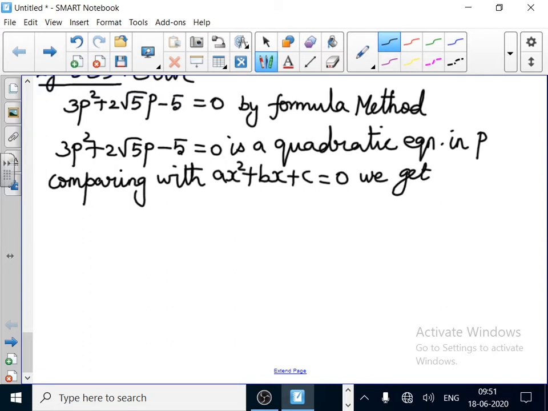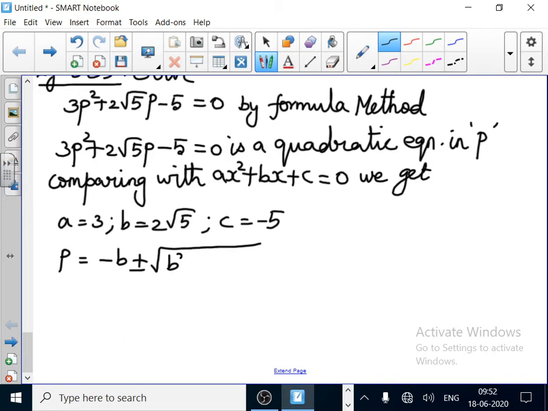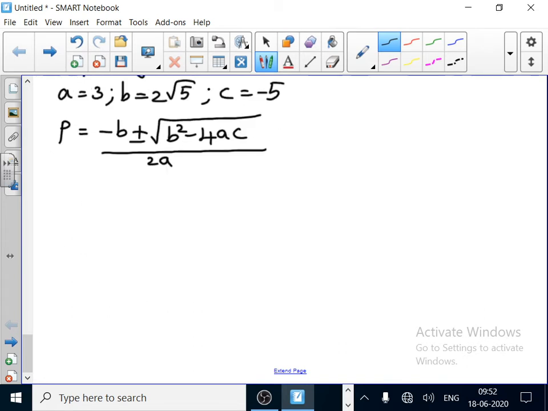a equal to 3, b equal to 2 root 5, constant term c equal to minus 5. It is a quadratic equation in p, so write it as p equal to. So p equal to minus b plus or minus square root of b squared minus 4ac whole divided by 2a. Now substitute: minus b, it is 2 root 5.